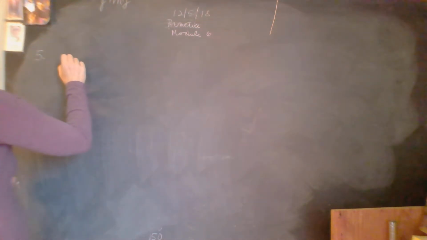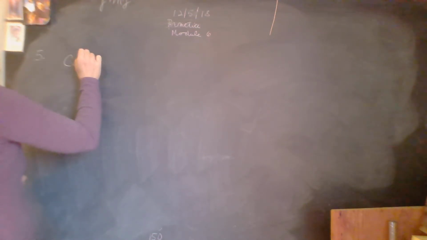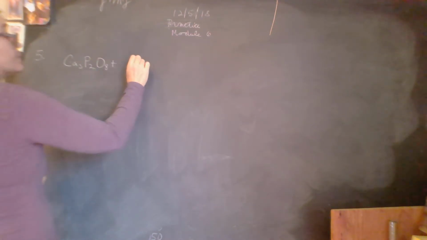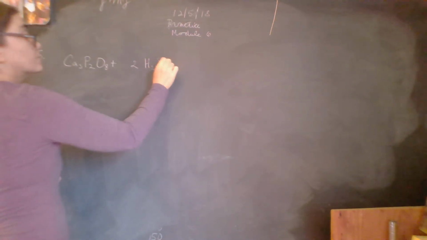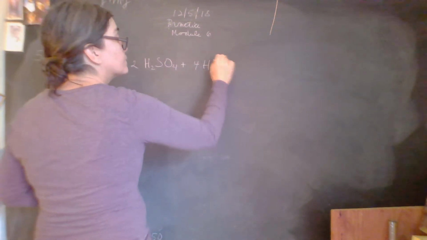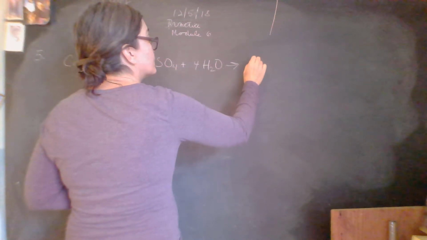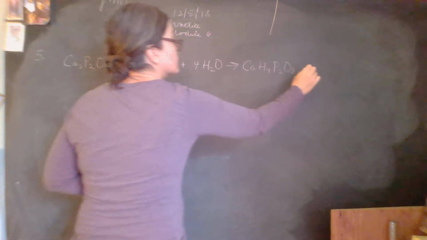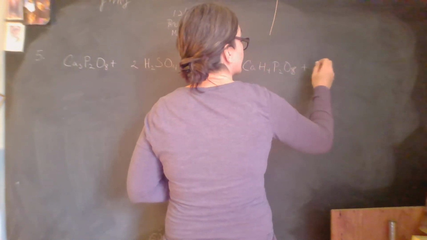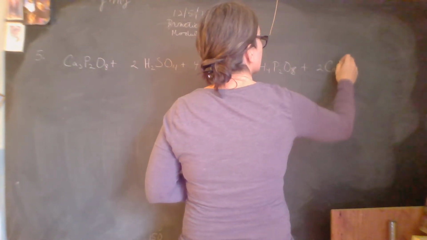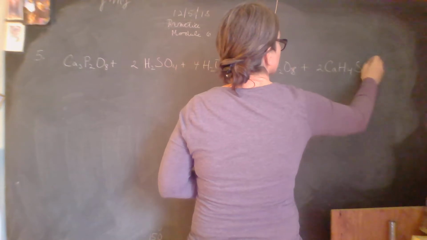Ca3P2O8 plus 2H2SO4 plus 4H2O yields CaH4P2O8 plus 2CaH4SO6.